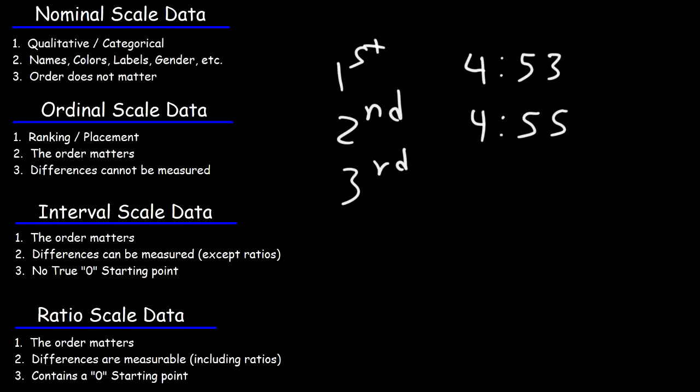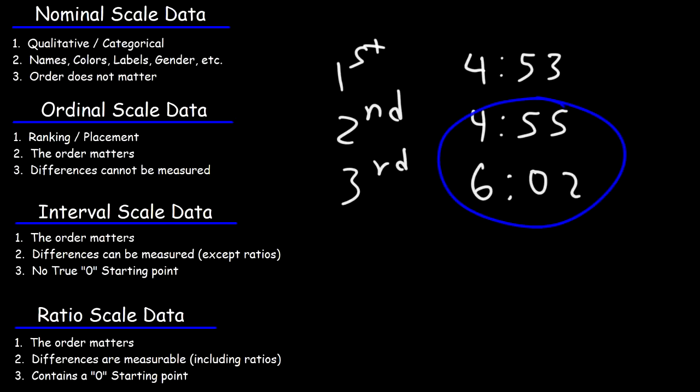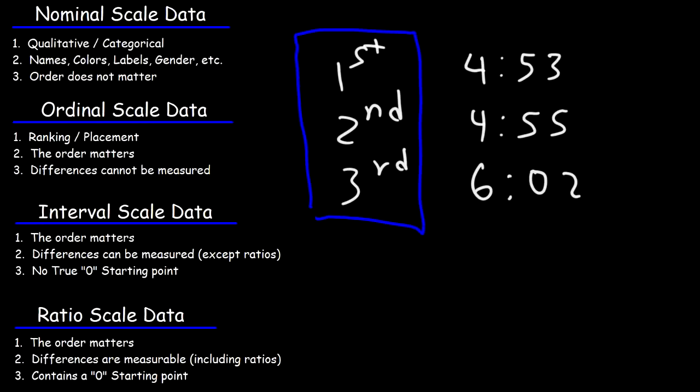Now the third place winner, he might have taken a longer time. Maybe he took 6 minutes and 2 seconds. And so the difference between the first and the second place winner is much different than the difference between the second and the third place winner. And so if you don't have the time, you can't really use this data to measure the difference. So this is an ordinal scale data because differences cannot be measured unless you're given this data.